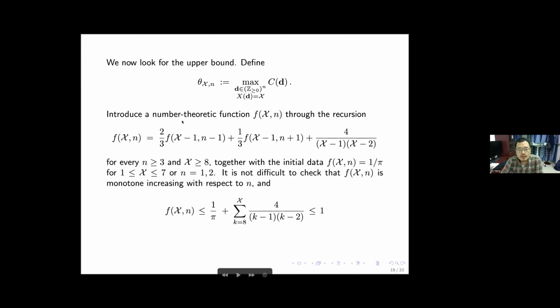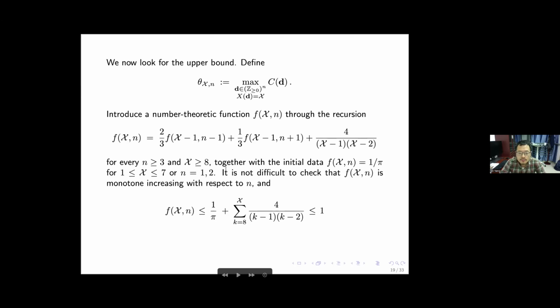And then we also introduce a number theoretic function f chi n by a recursion. This recursion is given in this way, and we put the initial data to be 1 over pi for x from 1 to 7 and n equals 1, 2. This is a function of 2 variables, and each variable belongs to positive integers. So we define this f chi n by this recursion.